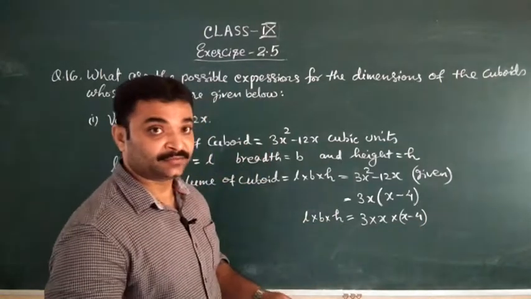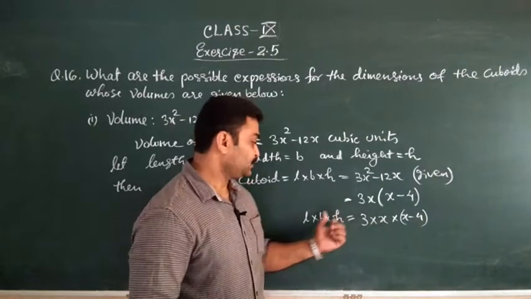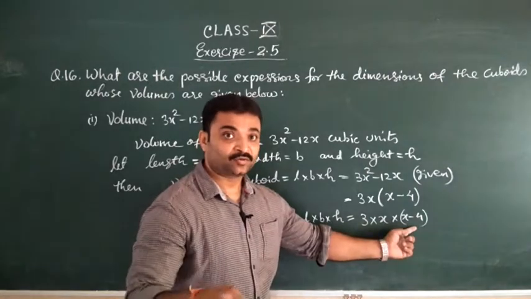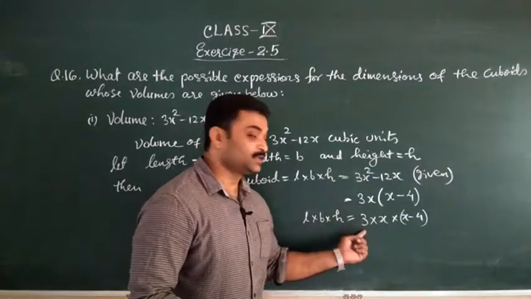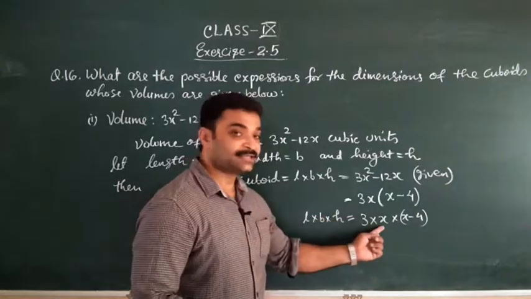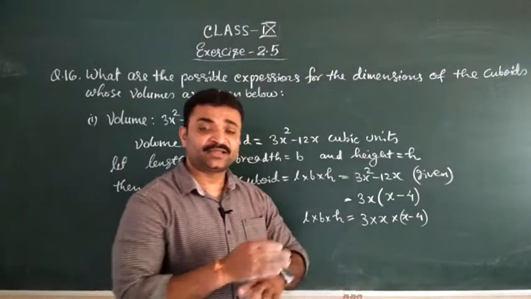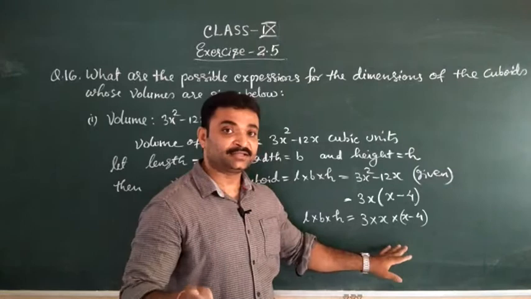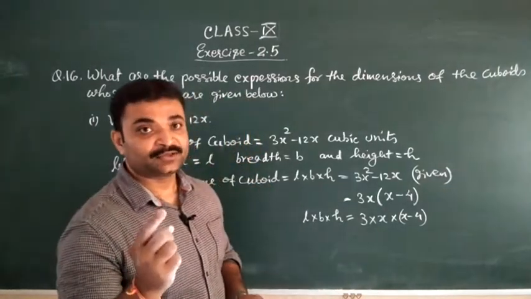It can be, because we can take length as x, breadth as 3, height as x minus 4, or length as x minus 4, breadth as 3, height as x, or length as x, height as 3, breadth as x minus 4. That means we can take any value or any expression of length, breadth and height. But we have to write one single possible expression.